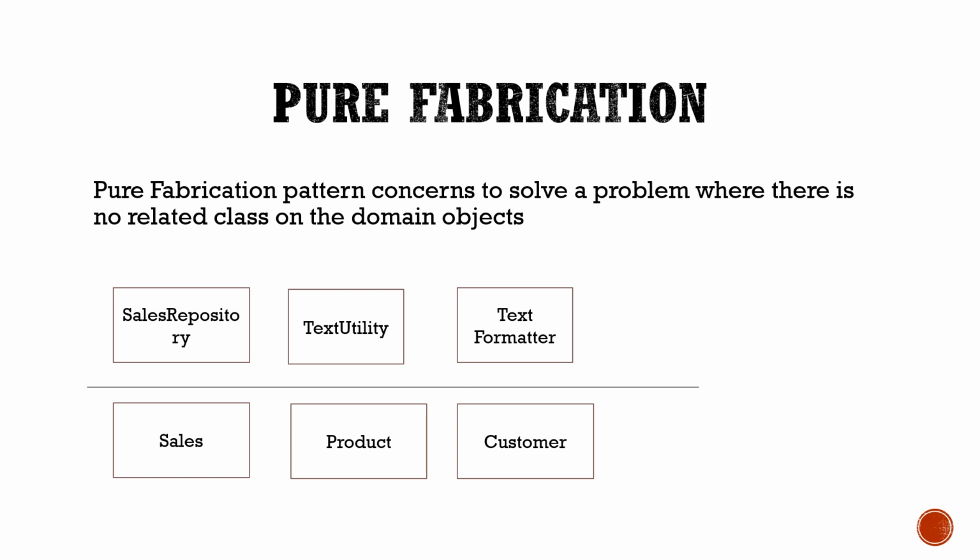The bottom classes are domain layer objects, and sometimes, or actually all the time, we need classes that don't exist in real life. The top ones: sales repository, text utility, text formatter, they don't exist in real life, but we still need them. It's like we make something up. Not all classes are based on the domain objects.